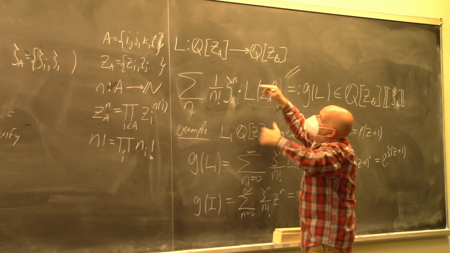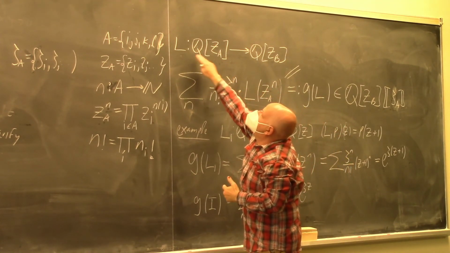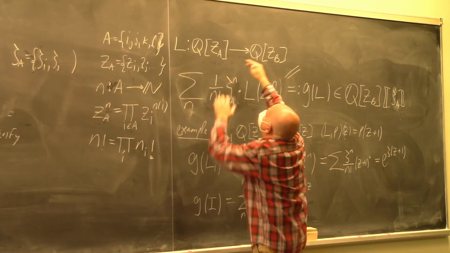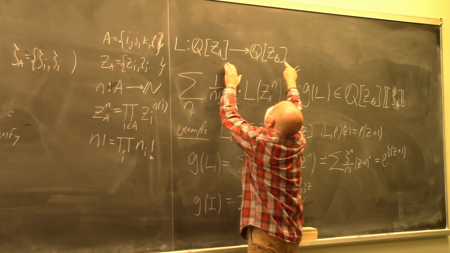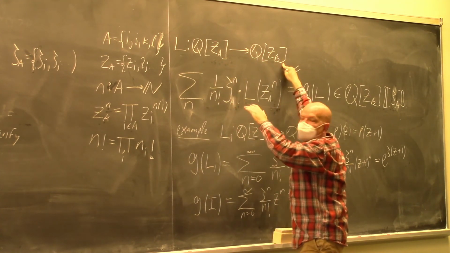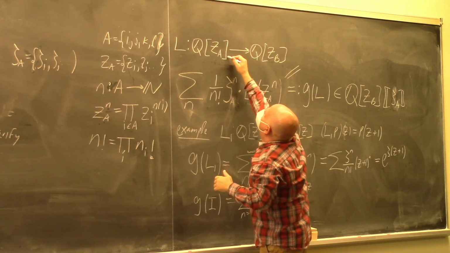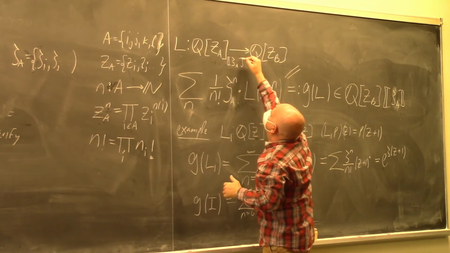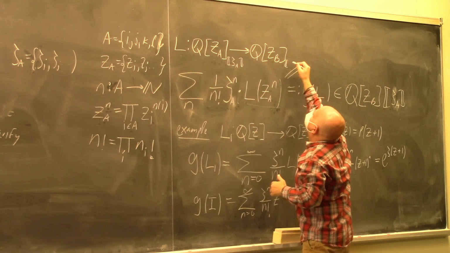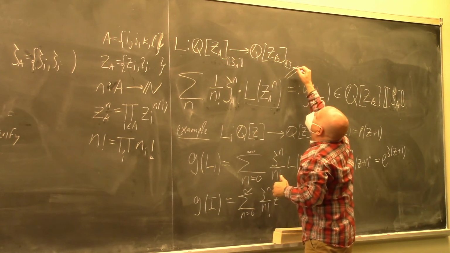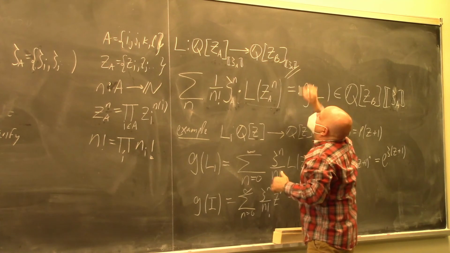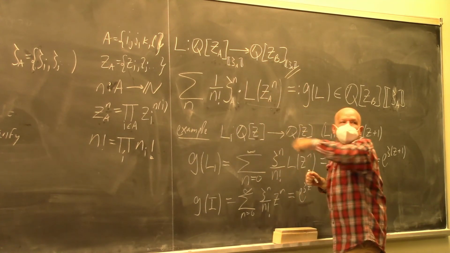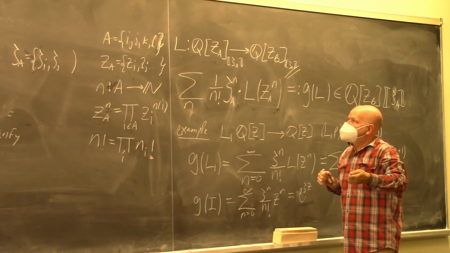I can always tensor this ring, or I can extend the ring by allowing power series in the zetas, by simply acting on the coefficients, preserving the zetas.